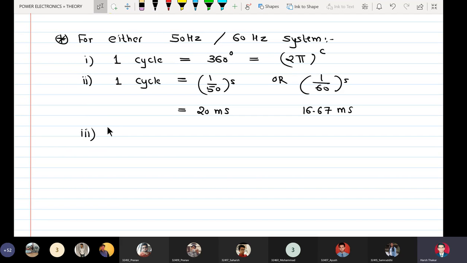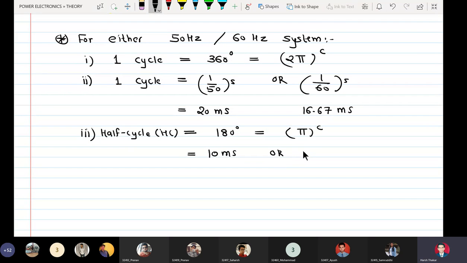Third, half cycle or HC corresponds to 180 degrees or simply pi radians, and hence it is equal to 10 milliseconds or 8.335 milliseconds for 50 hertz and 60 hertz systems respectively.